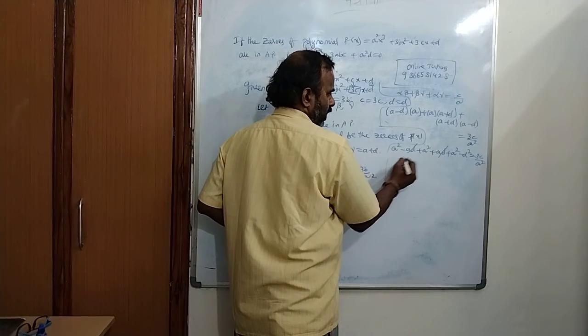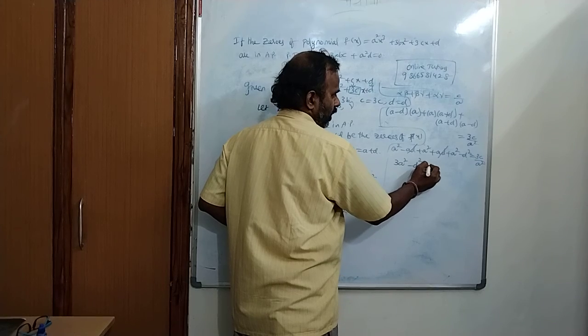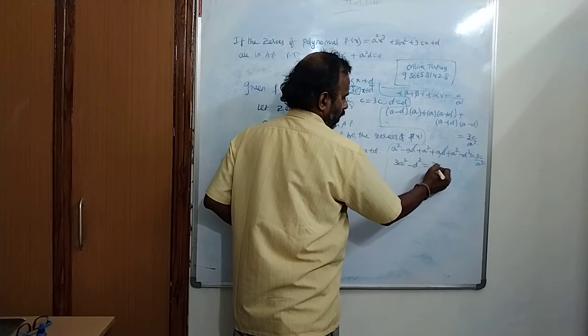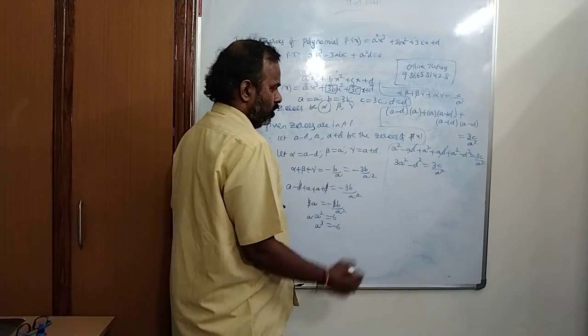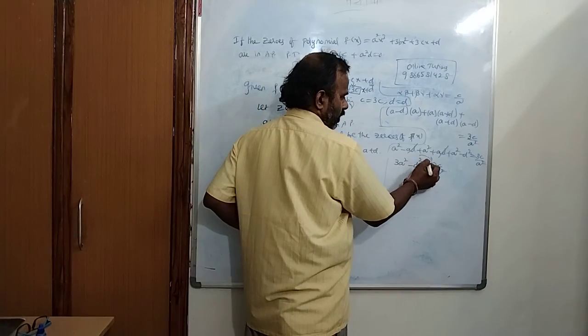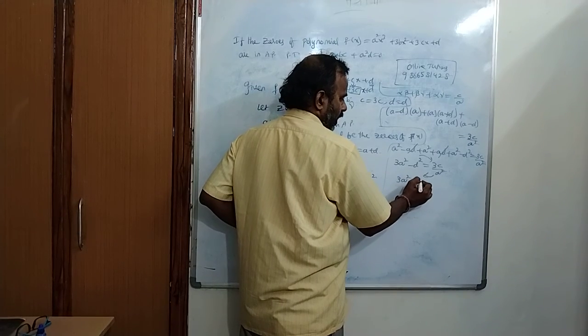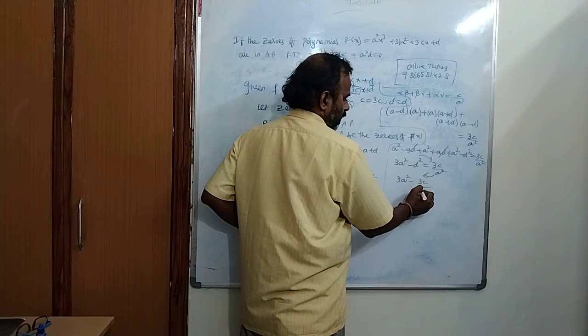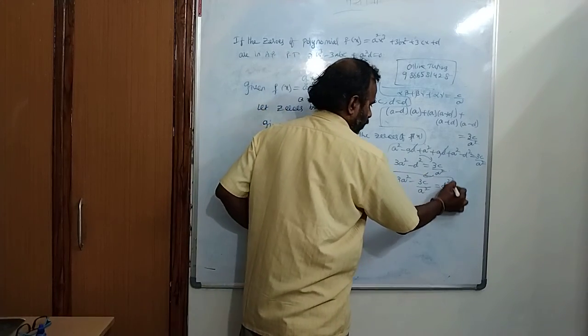So 3a square minus d square is equal to 3c by a square. Now change the terms: get d square here and 3c here. 3a square minus 3c by a square is equal to d square.